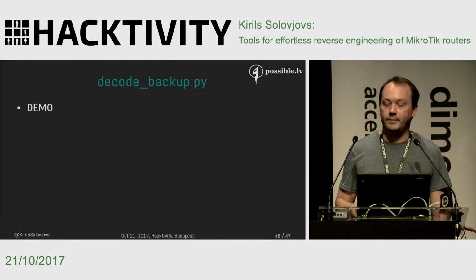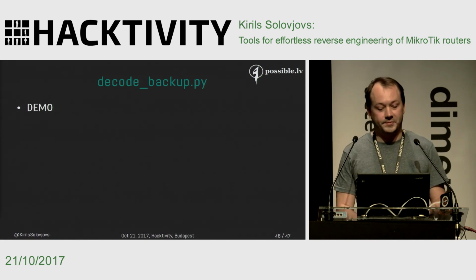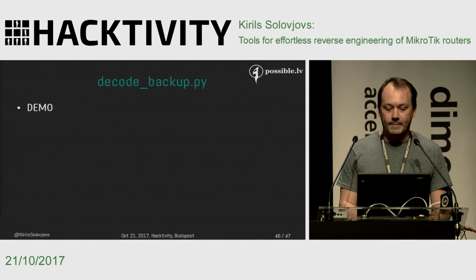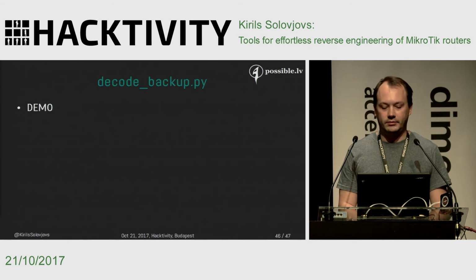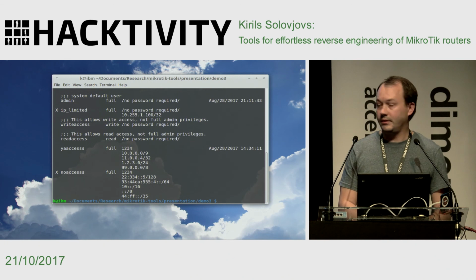So, for example, you can include some special or not so special characters. Let me show you what I mean. So we'll also be publishing decode backup.py today. It allows you to decode the backup files without uploading them.